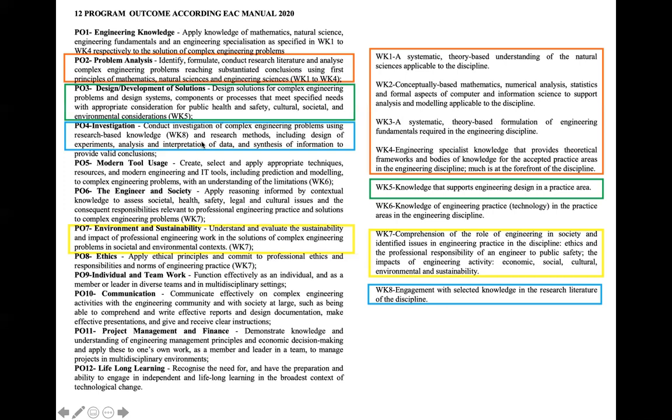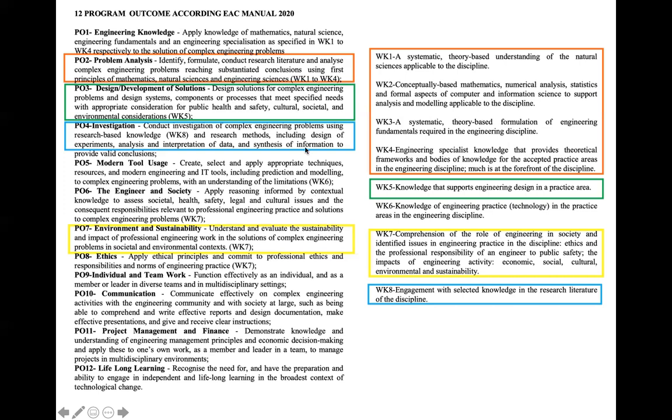PO4 is investigation. So you try to investigate what the problem is, how to analyze it, what the specification is, and how the performance of the engine is. This links with the engagement with selection of knowledge in research literature review.